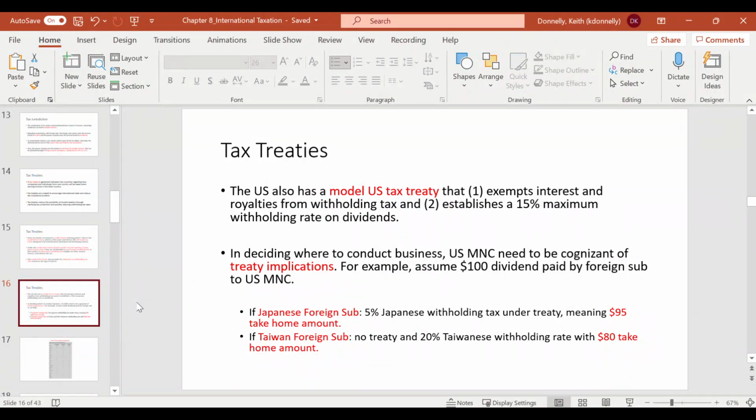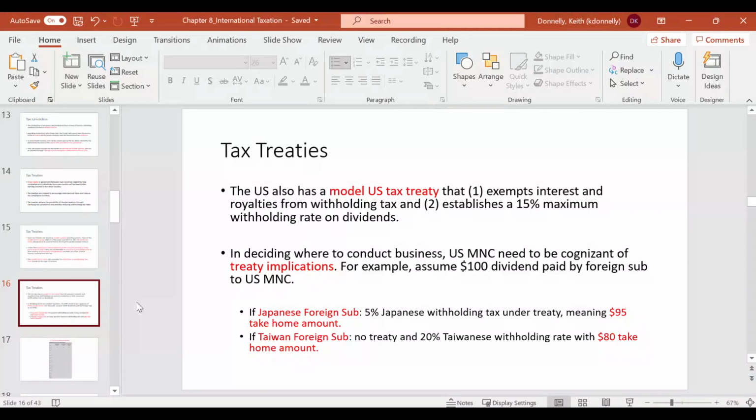If we had a Japanese foreign sub, there would be a 5% withholding tax rate under the treaty between the U.S. and Japan, meaning there would be a $95 take-home amount. If, however, we base this foreign sub in Taiwan, we don't have a treaty with that country, so there would be, under Taiwanese law, a 20% withholding rate. So in other words, we take home $80.